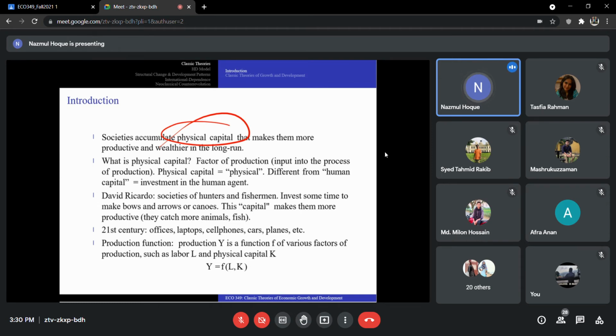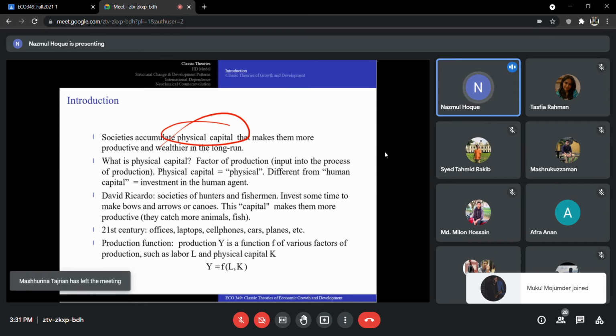It will be easier for them to catch fish if you compare a person catching fish with his bare hands and a man with a boat and fishing net. The second person is going to be much more productive, and will be able to catch more fish. The same goes for the hunter with a bow and arrow.